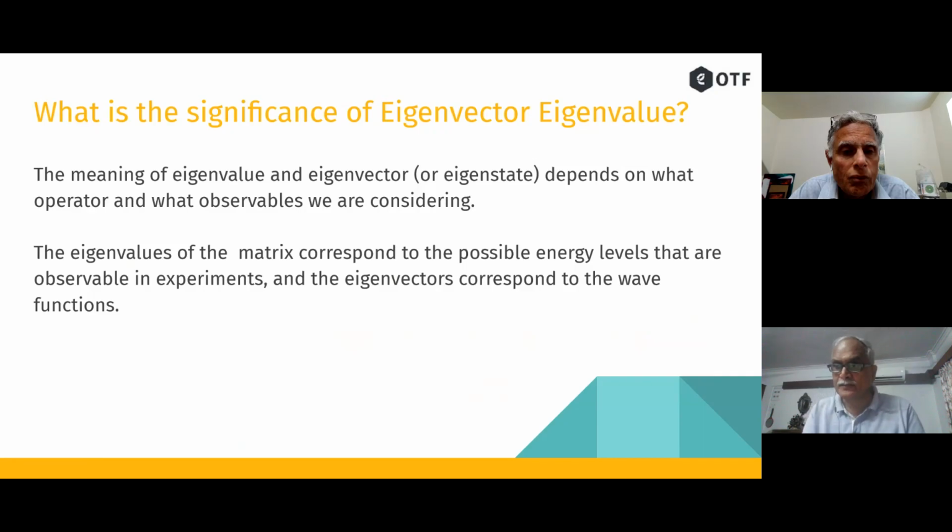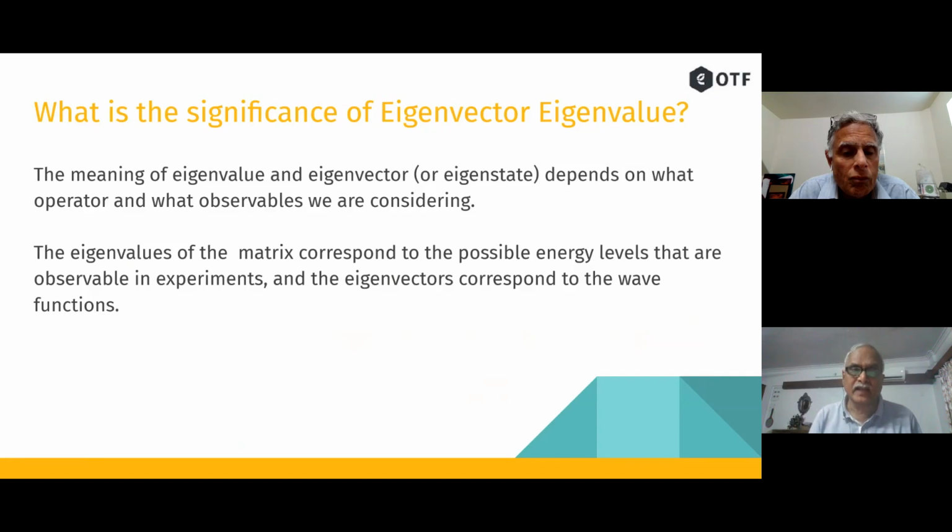So your observables could be on, let's say, sigma z, and the moment you talk about the observables being along sigma z, that means you are trying to observe for ket 0 and ket 1. So you have to have an idea about what you are trying to observe.